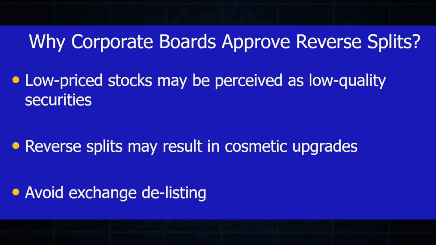And corporations aren't happy with that. So what they'll do is a reverse split, increasing the value of the share price, but behind the scenes also decreasing the number of shares. So it's a cosmetic change. It doesn't do anything in terms of the value of the position, just makes it look better.